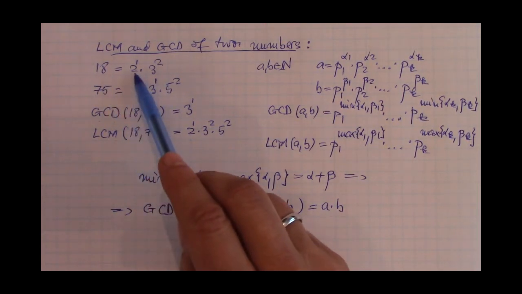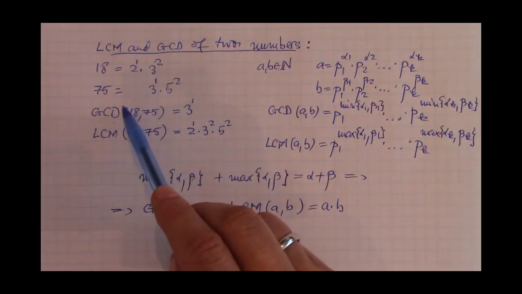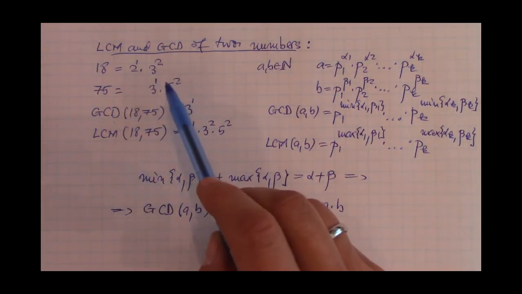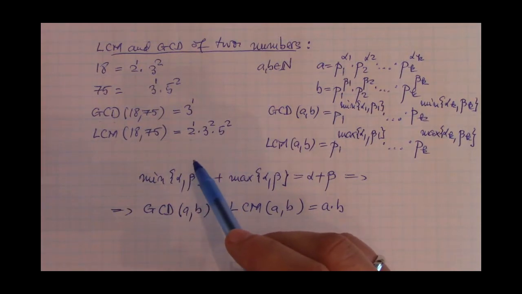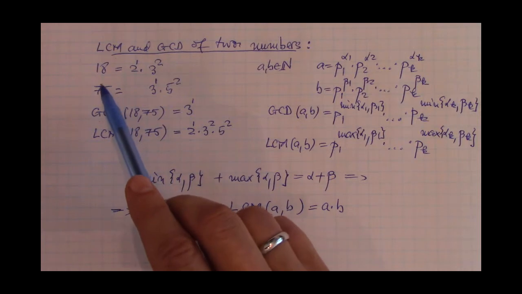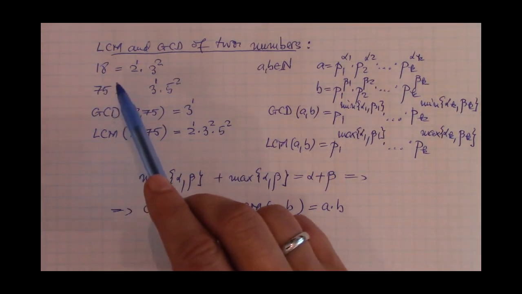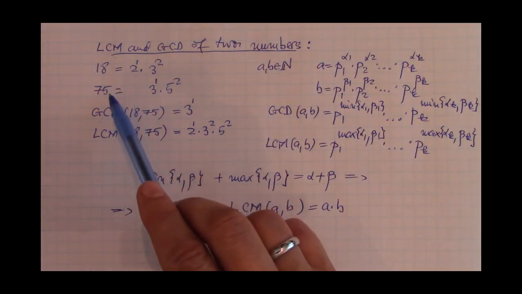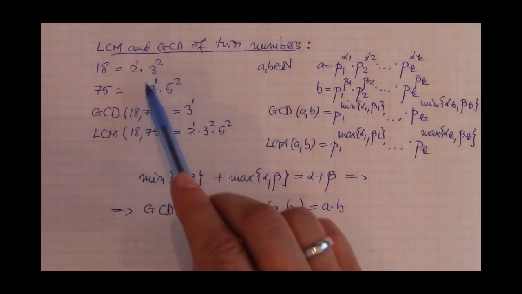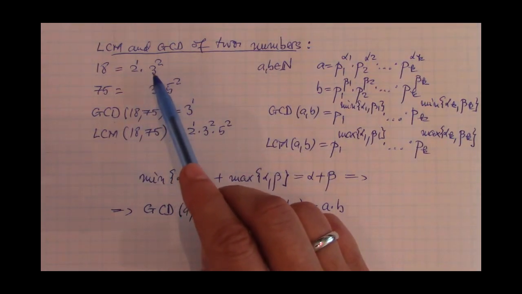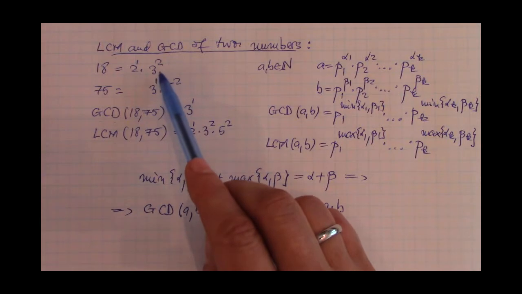18, for example, is 2 to the power of 1 times 3 to the power of 2, and 75 is 3 to the power of 1 times 5 to the power of 2. We were told probably early in our student life that in order to compute the greatest common divisor between two natural numbers, we decompose them into prime factors, and then we take only the common prime factors to the lowest power.